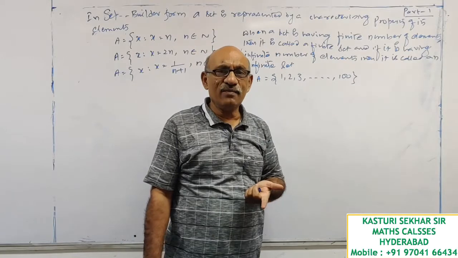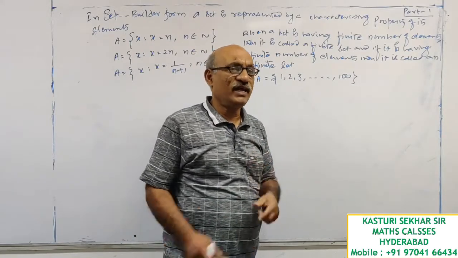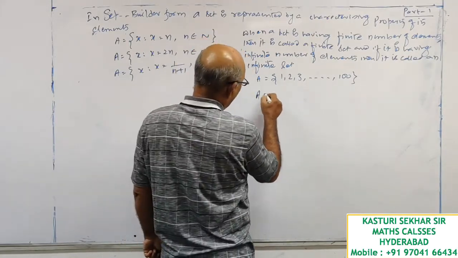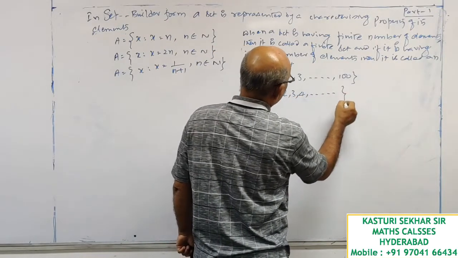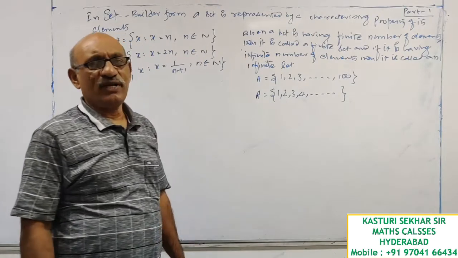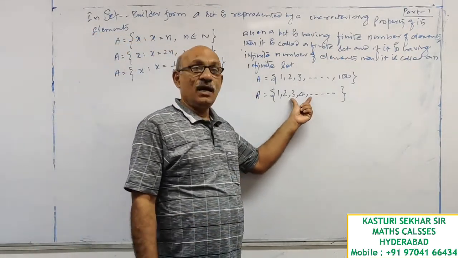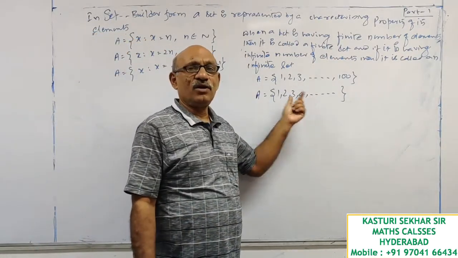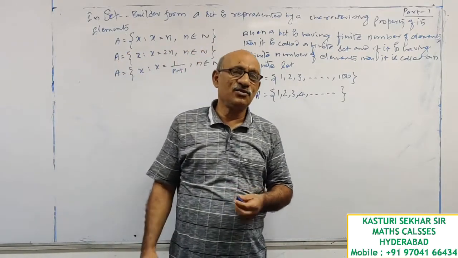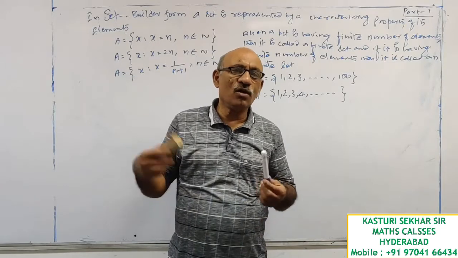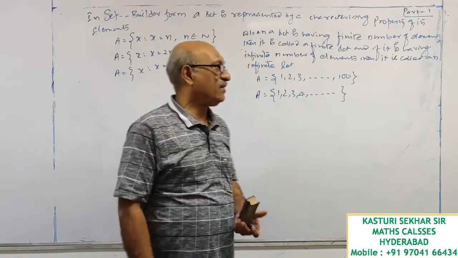After that, there is no element in this set. So it is called a finite set. Same example you can consider here. It is 1, 2, 3, 4, etc. This way if I represent, then it is called an infinite set, because the counting process is not terminated by any natural number. It goes on counting. Therefore, it is called an infinite set.